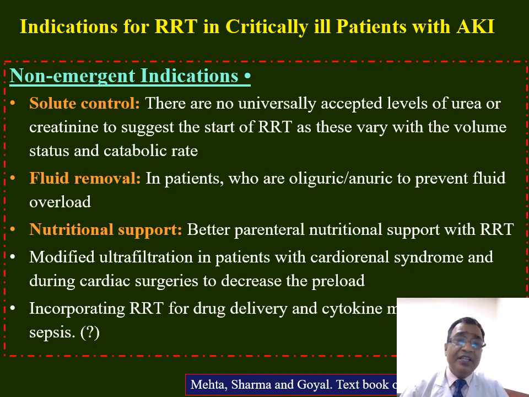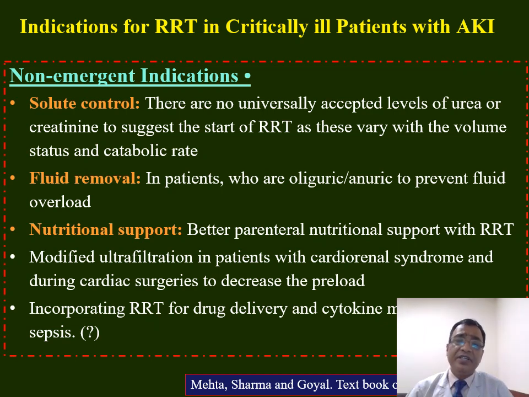Whereas non-emergent indication requires solute control just to control the urea and creatinine level. However, there is no universally accepted level of urea or creatinine which suggests to start renal replacement therapy. Fluid removal, even in the absence of pulmonary edema, just to prevent fluid overload. Nutrition support sometimes requires renal replacement therapy so that you can accommodate parenteral nutrition volume to the patient.